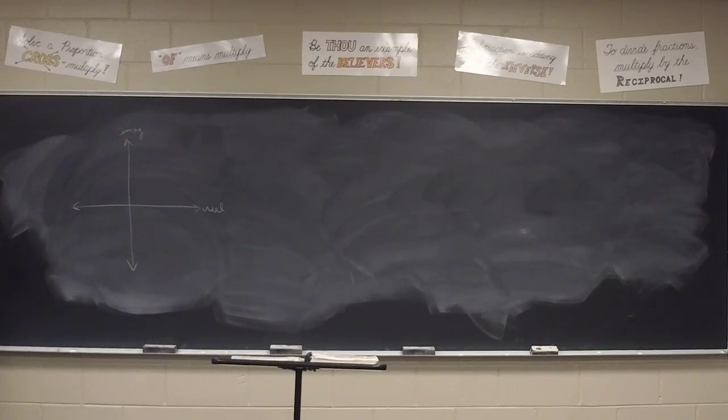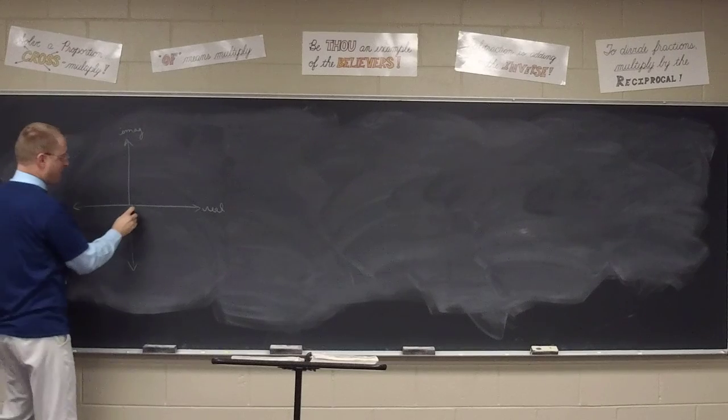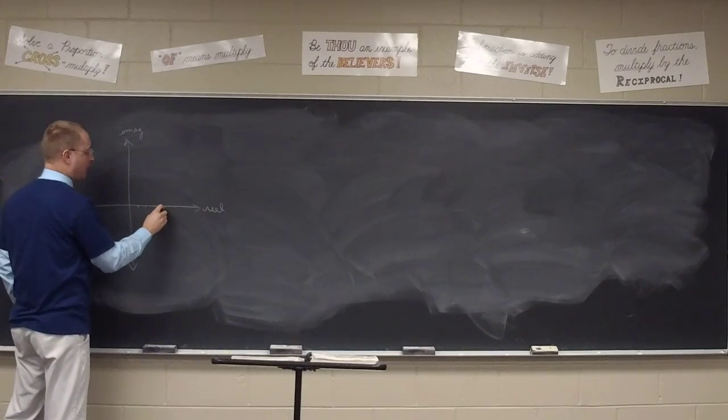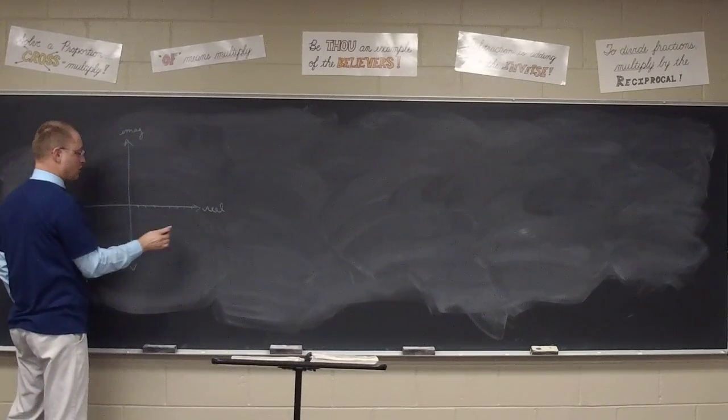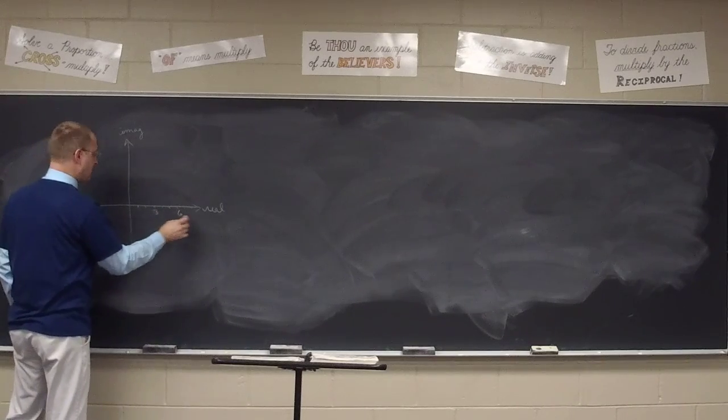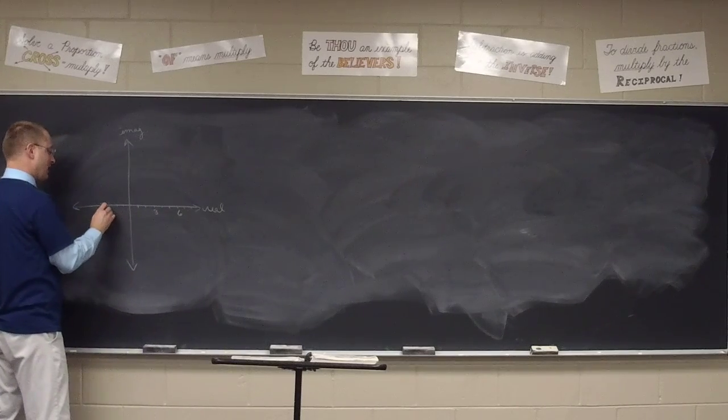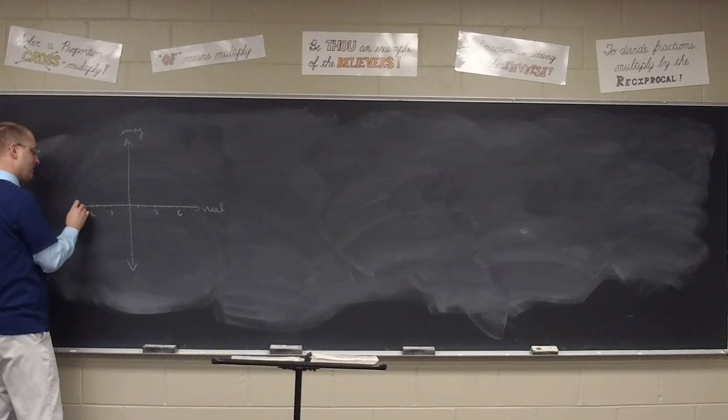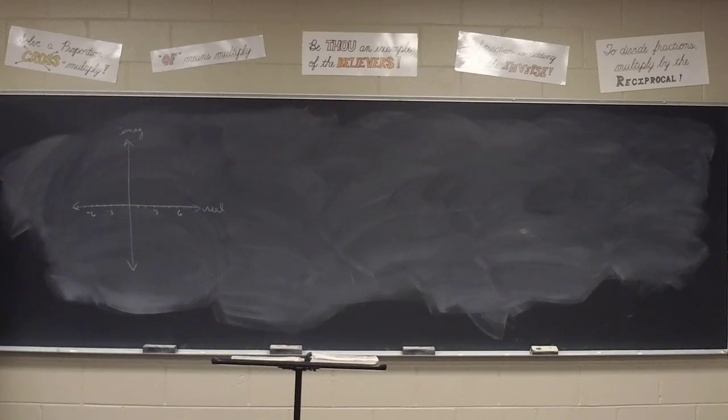Now if you happen to have graph paper, go ahead and set up a complex plane on your graph paper. If not, just kind of do as I'm doing and maybe use some little tick marks that you make yourself. But on the real axis, very straightforward. You got numbers like 3 and 6 and -3 and -6 and so forth. On the imaginary axis, you don't have numbers like that.